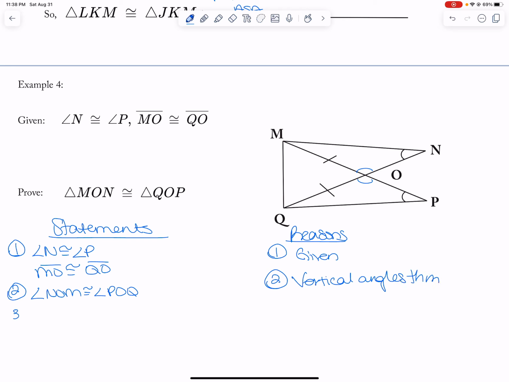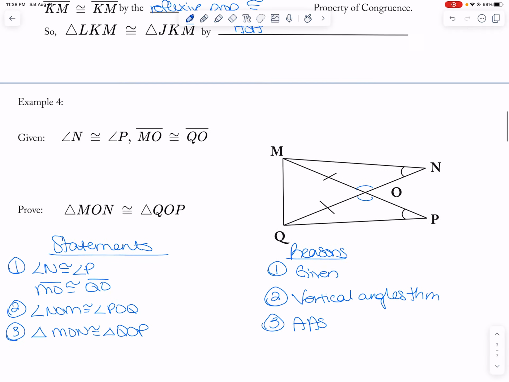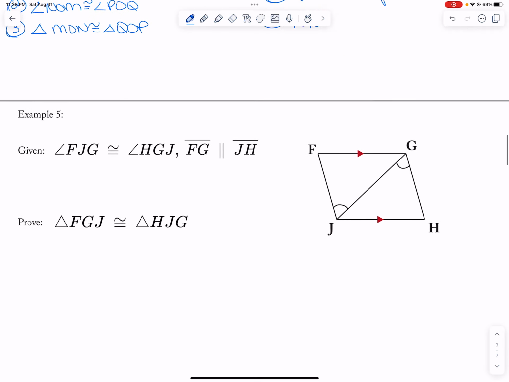And that is a theorem. And then triangle MON is congruent to triangle QOP, and that is going to be by angle, side theorem. Did I do this one right? Was this supposed to be angle, side, angle? Yeah, that one's supposed to be angle, side, angle. Okay, I was just making sure.